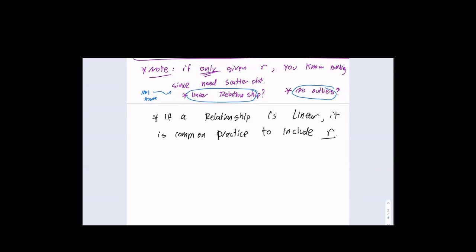I mentioned this yesterday. If there's an outlier and you're describing the relationship, what should you also do? Write the points. Exactly, Armani. You state the points. Where is the outlier? Okay, it's very important that you state where the outlier is.